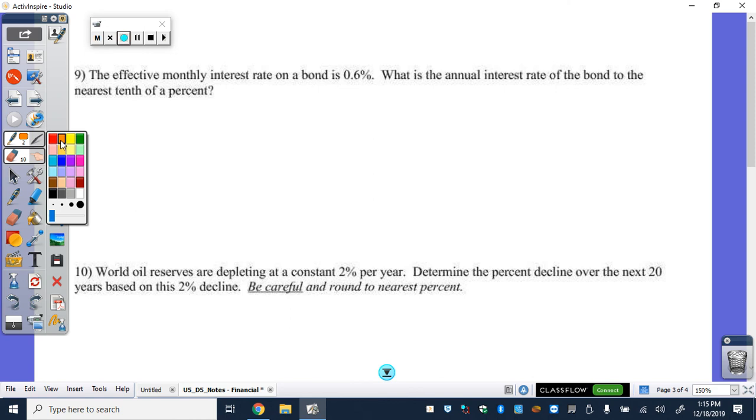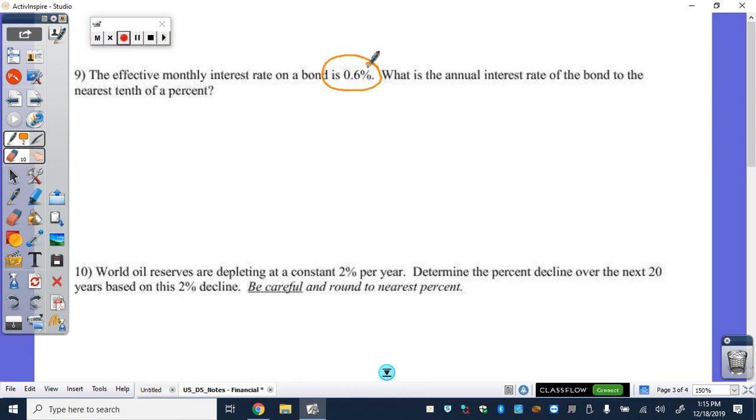A couple more examples. So this one, we've got the effective monthly interest rate on a bond is 0.6%. What is the annual interest rate of the bond to the nearest tenth of a percent? So each month the bond is increasing by that percent.